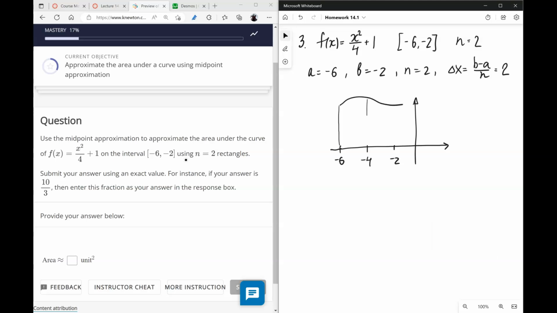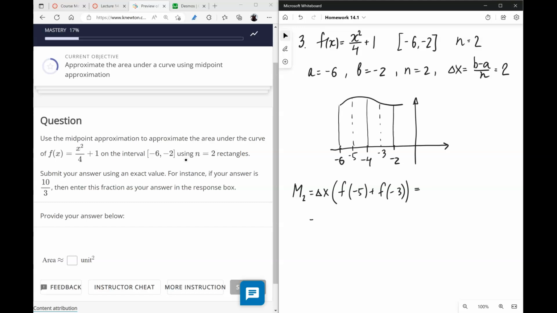If we're going to be using the midpoint, we're going to be evaluating the function at -5 and at -3, so M2 will be equal to delta x times f of -5 plus f of -3.